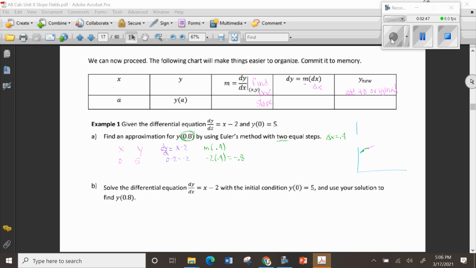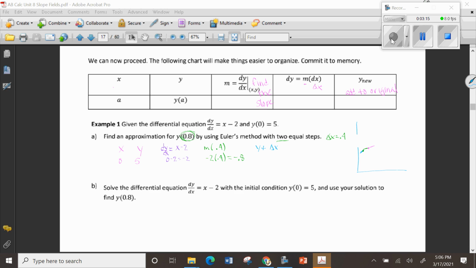All right, so I have my starting point x, my y value 5. I have found my slope of negative 2. I have shrunk that slope value to be just that specific change in x. And the last thing I need to do is take my initial y plus my actual change, the change I just found.